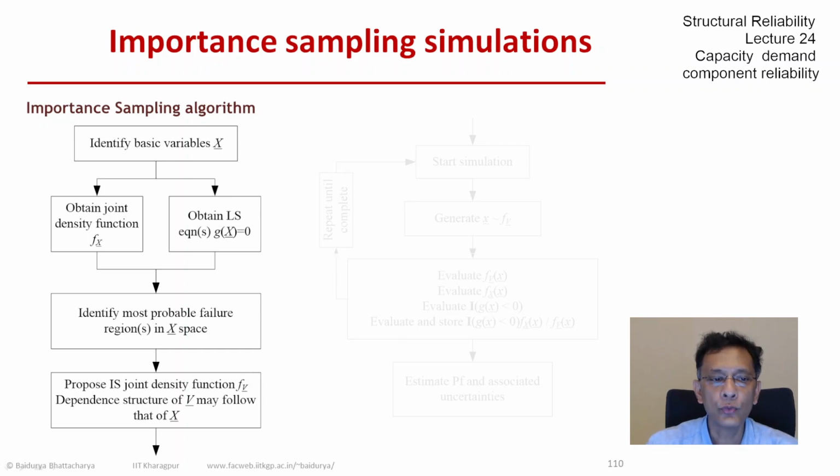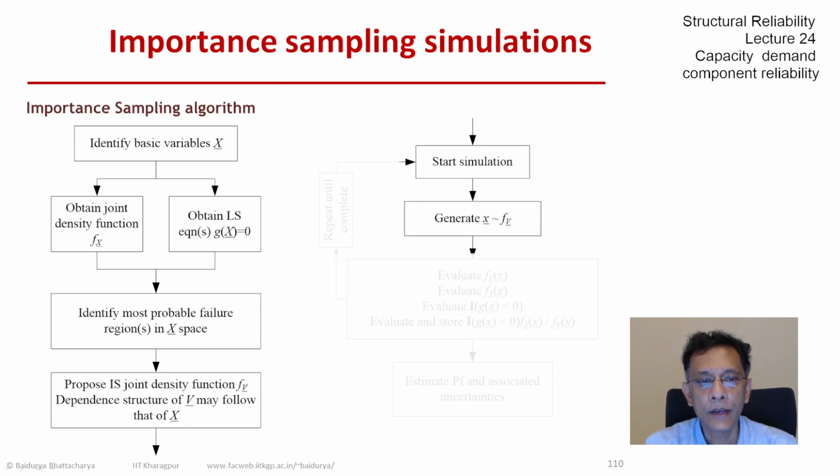And now once we are ready with these preliminaries, we will start the simulation. We will generate the basic variables from the importance sampling distribution FV.